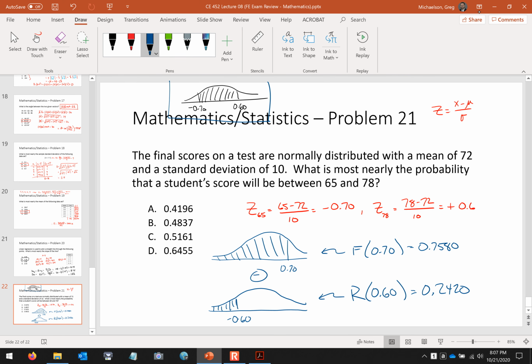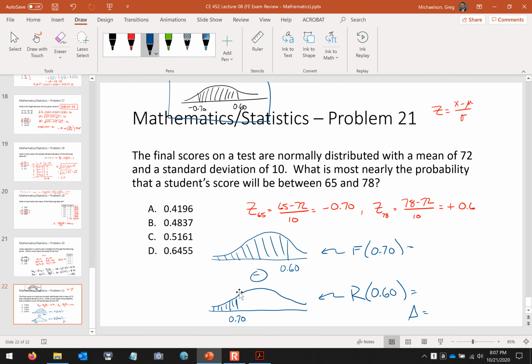And so the difference of those, let's see, if I subtract that, I get, wait. Oh, I did that backwards. I'm so sorry. I think my caffeine for the day is wearing off. This should be the 0.6, and this should be the 0.7. Let me go back and look up these values here.